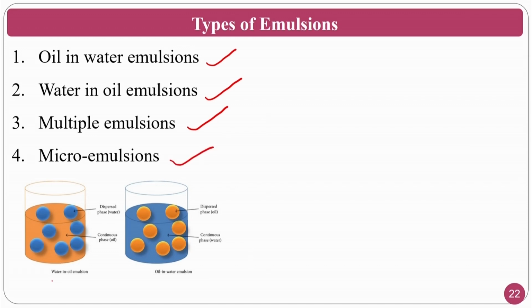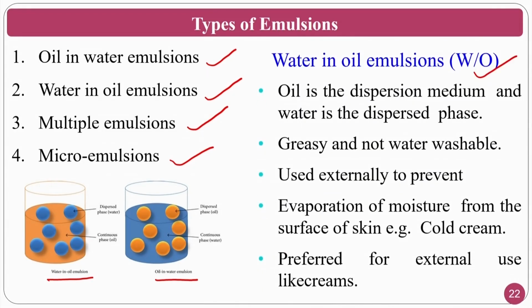If you look here, in water in oil emulsions, normally the blue ones are water, and the oil is the orange one. In oil in water, the blue one is the water, always, since the sea looks blue. So you just remember like that, and the oil is suspended; immiscible fluids are suspended. Water in oil emulsions are the first ones.